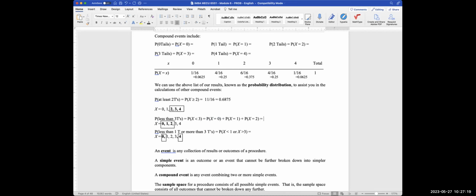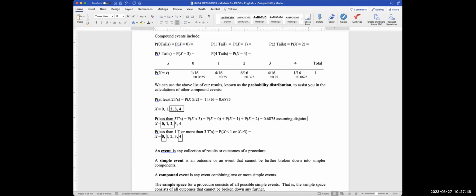Well, let me ask you, what did you assume in doing this addition? You're assuming disjoint events, right?